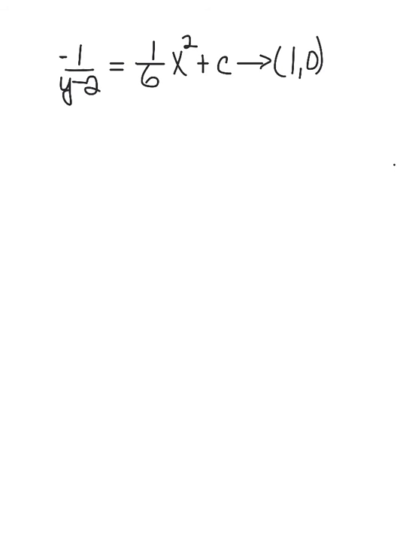All right, so if I plug in 0 for y, on the left-hand side I am going to get a positive 1/2 equals, and then on the right-hand side here, I'm going to get 1/6 plus c. All right, so then you're going to work that out, get your common denominator, stop me for a second, figure out what c is.